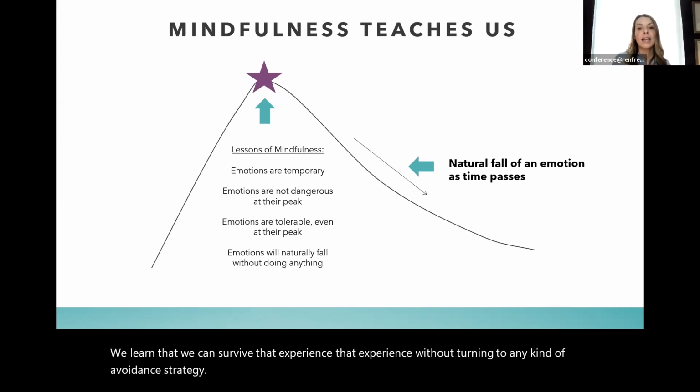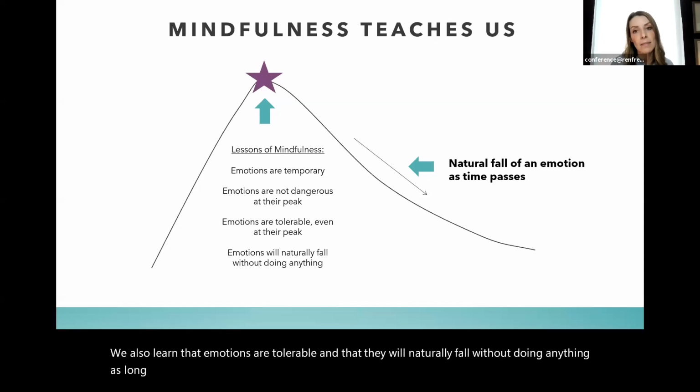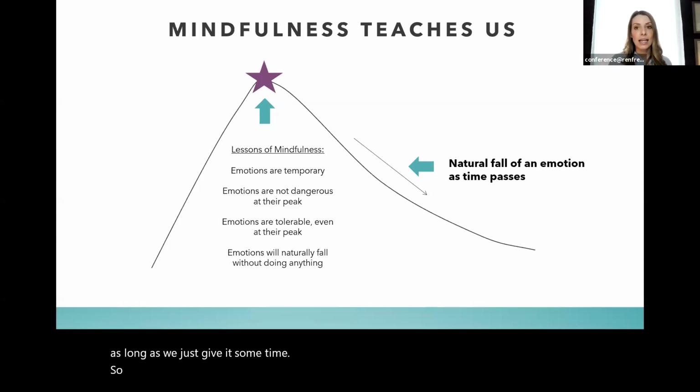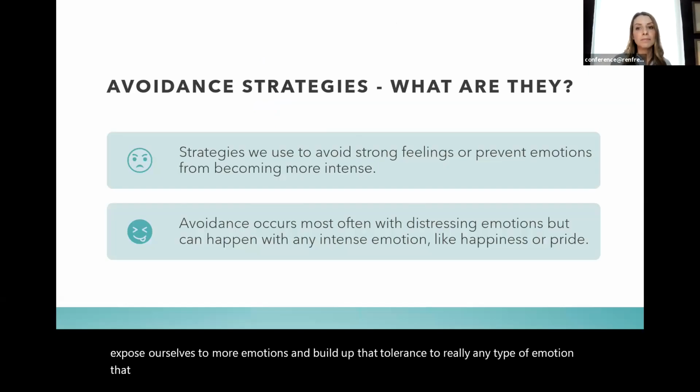We also learn that emotions are tolerable and that they will naturally fall without doing anything, as long as we just give it some time. So mindfulness teaches us these things. And as we build up the confidence, we can begin to expose ourselves to more emotions and build up that tolerance to really any type of emotion that we might face.